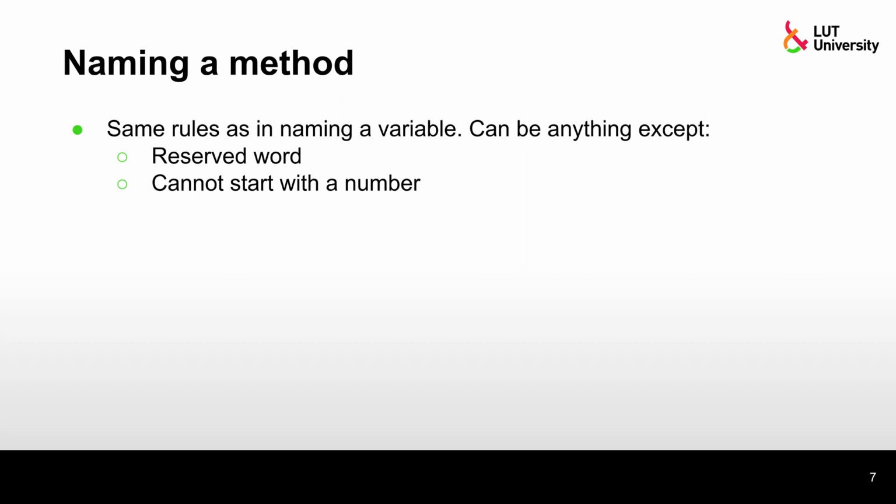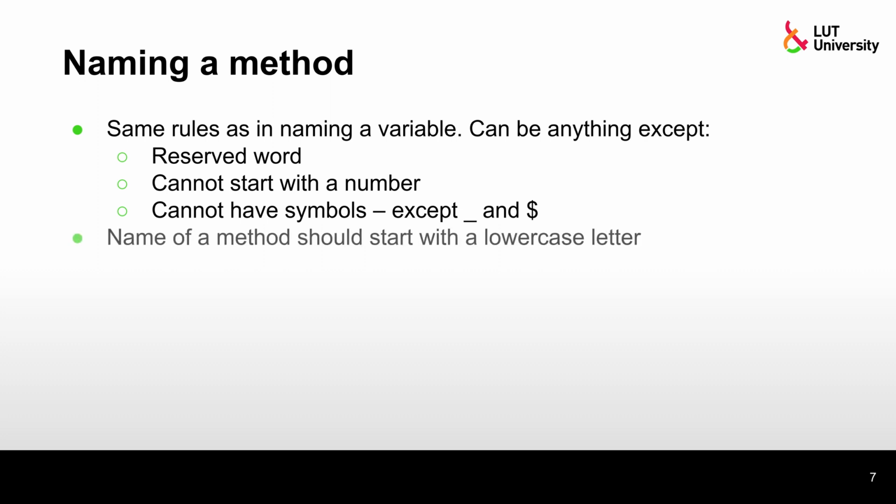The name cannot start with a number. It cannot have any symbols except underscore and the dollar sign. So you cannot have, let's say, a hash or brackets or anything like that, or a euro symbol or less than or any other symbol.